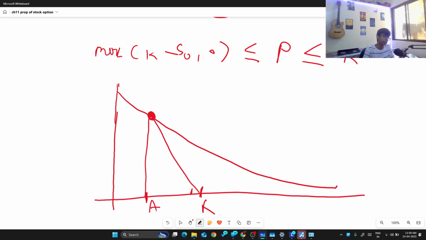You should exercise it at A, because that is the maximum return you can earn from the strike. Here you will earn negative return.